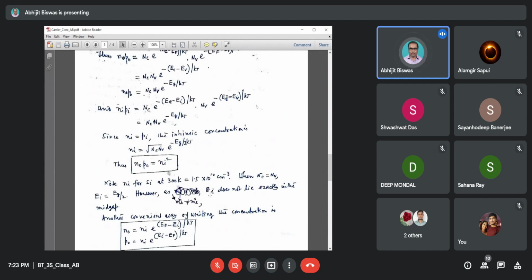So using this formula, you can calculate the minority or majority carrier concentration in case of extrinsic material by using this relationship. You only must know two quantities, and the third quantity can be found from this relationship.